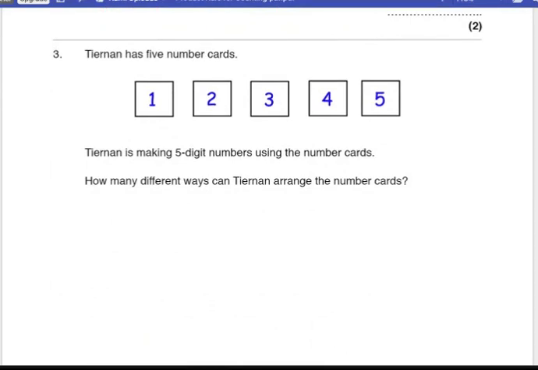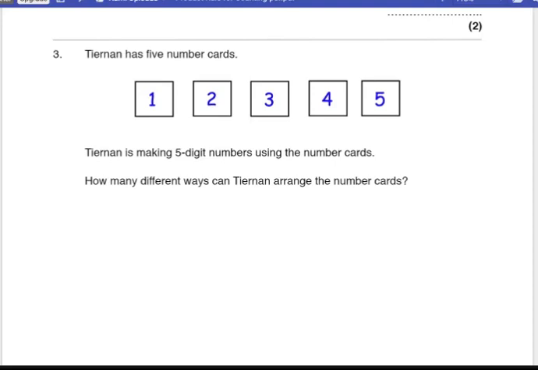Could you just do 5 times 4 times 3 times 2 times 1? Say that again, sorry. 5 times 4 times 3 times 2 times 1. And how are you getting that? Because there's 5 number cards.